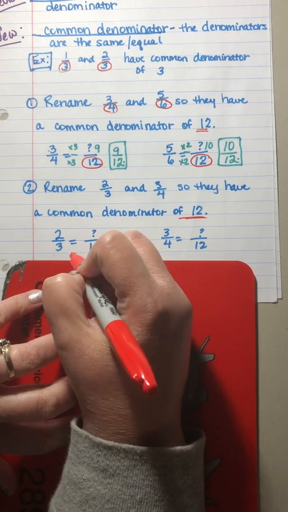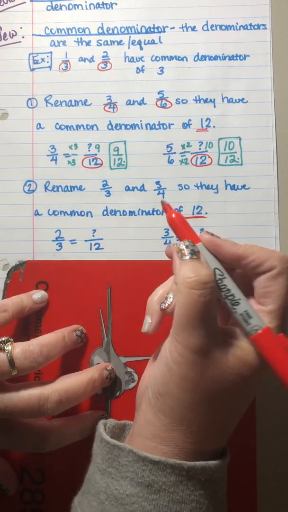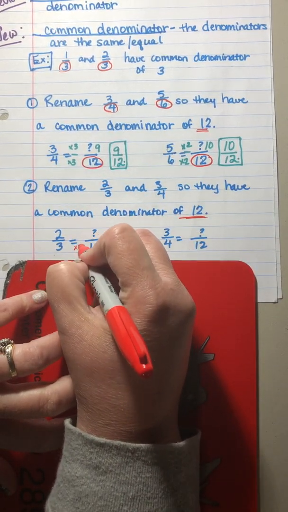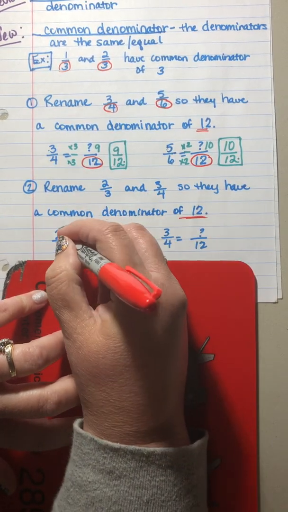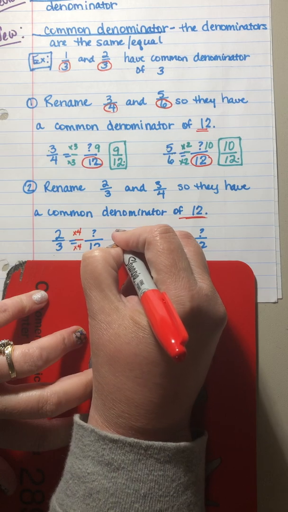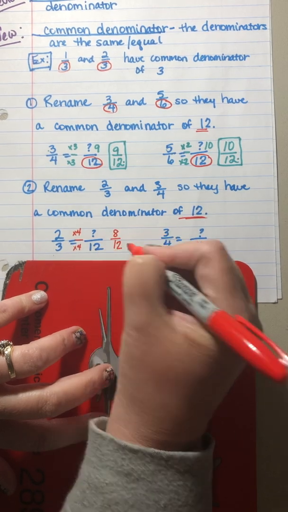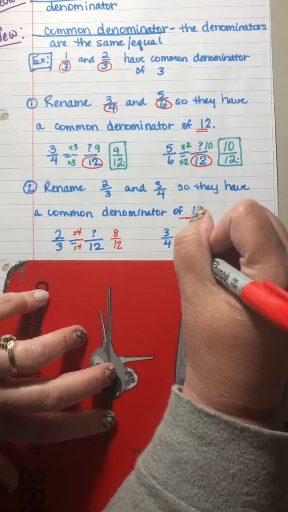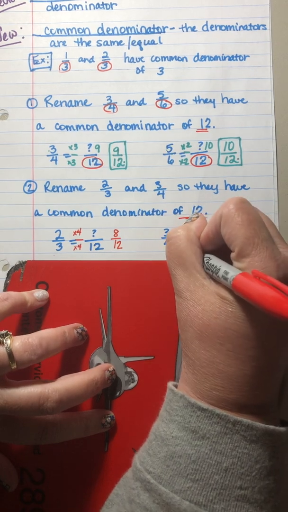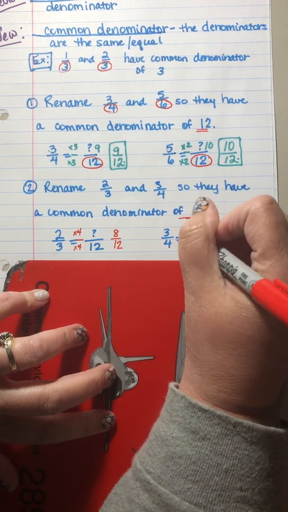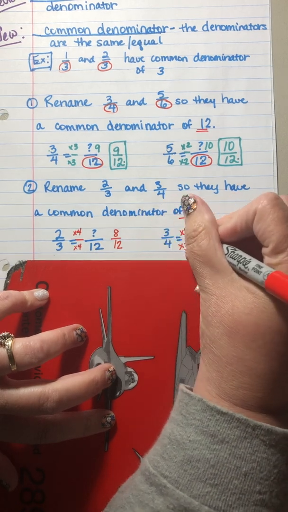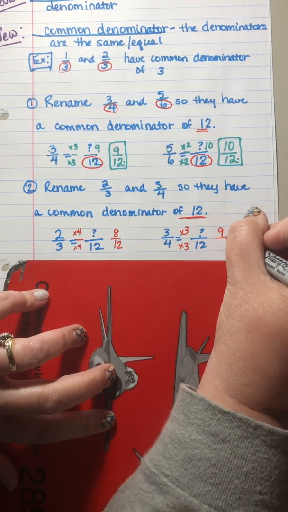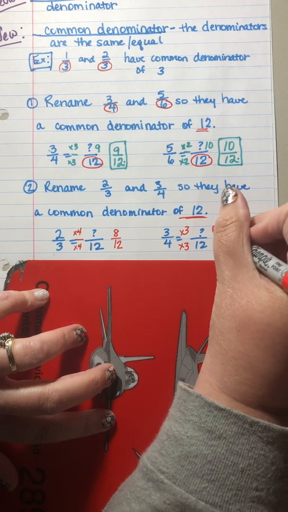So 3 times what number gives me 12? I know that it's times 4, and I have to do the same to my numerator. 2 times 4 is 8, so I have 8/12 over here. And then 4 times some number is 12. I know that number is 3, and so I have to do the same to my numerator. 3 times 3 is 9, so I have 9/12.